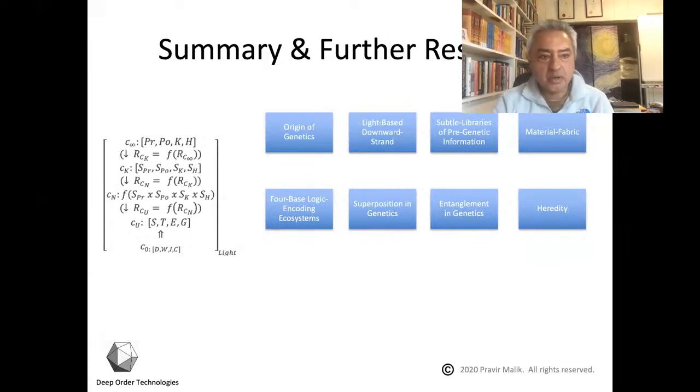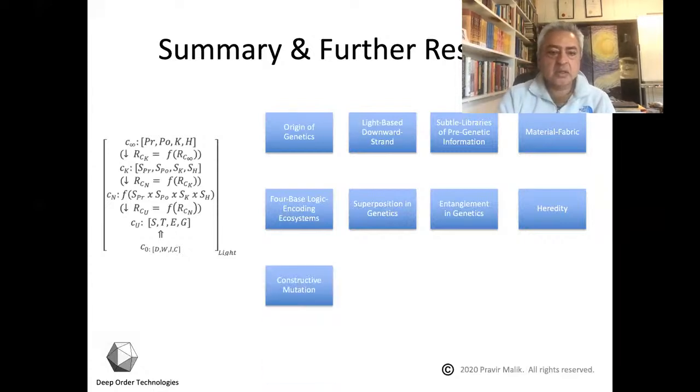When we think about heredity, then also we can see that in this notion, when we particularly look at this layer of CN, there's a number of seeds that already exist. So you can think about a seed for a particular species, and then that diversifying into a larger number of very diverse seeds.